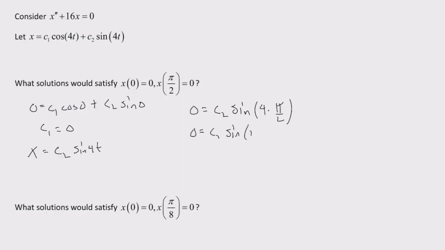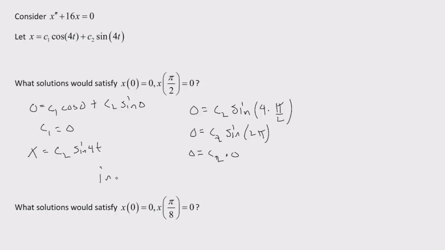So that's sine of 2 pi, and sine of 2 pi is 0, so c2 times 0. In essence, it doesn't really matter what the value of c2 is. Any value of c2 would satisfy this set of boundary conditions. So we have an infinite number of solutions that will work here.